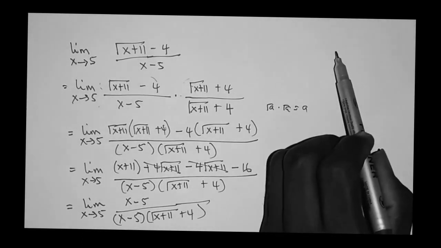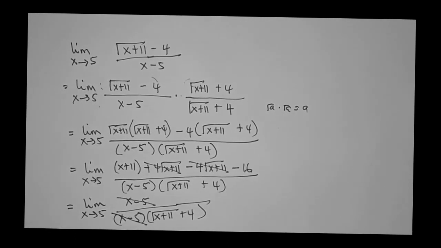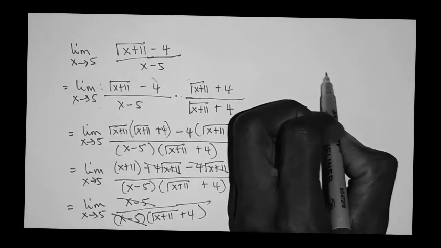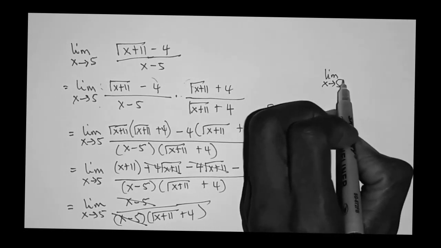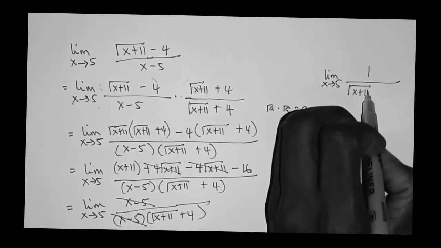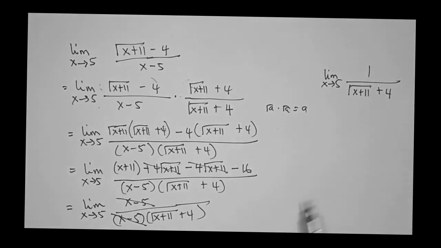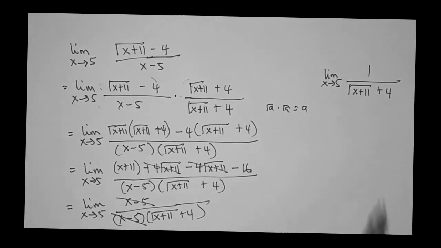So let me continue from this side. You see that this x minus 5 and x minus 5 cancel. So the limit just becomes the limit as x approaches 5 of 1 over (square root of x plus 11, plus 4). At this point, if we put in 5, we will no more get any problem.